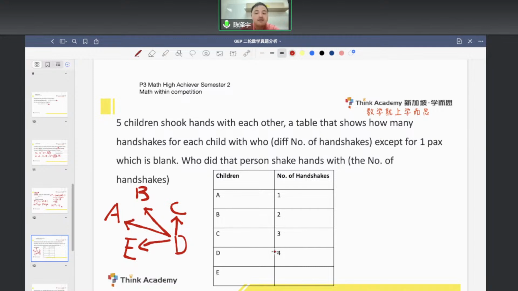We label it. Now D, I cross it out. Now let's go back to the least number, child A, who only shakes 1 time.